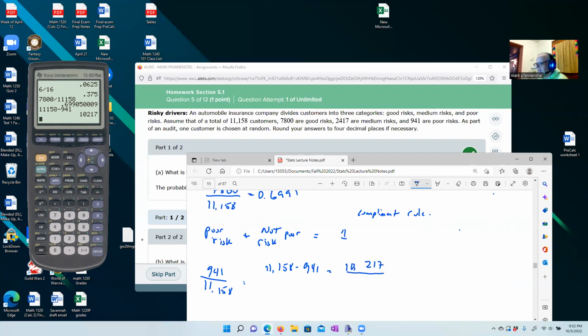This is all divided by the 11,158. Equals, and then we're going to have 4 decimal places, 0.9157.